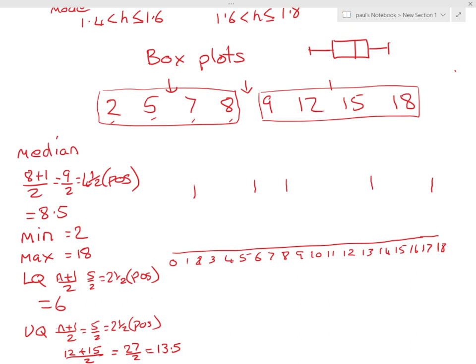So you're putting all this information on the grid so that it is the same scale. Now all we do is draw them up together. Remember, this bit in the middle is a big square box.